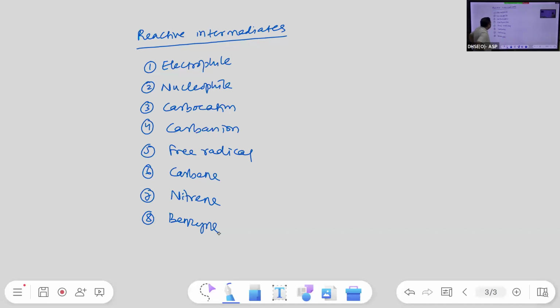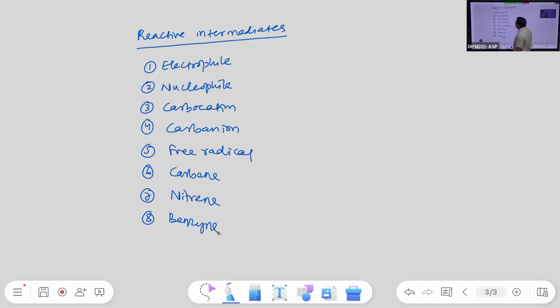Okay, so these are the intermediates. That is electrophile, nucleophile, carbocation, carbanion, free radical, carbene, nitrene, and benzyne. So these are the reactive intermediates. Okay. So we'll discuss these one by one.